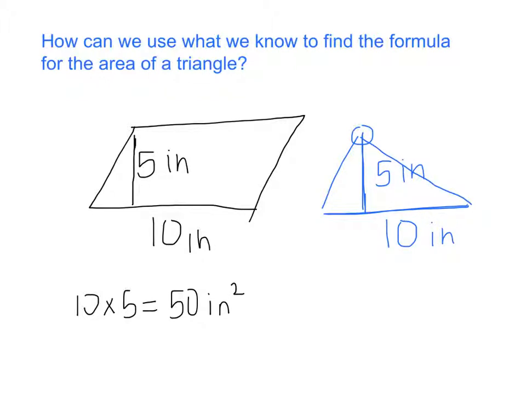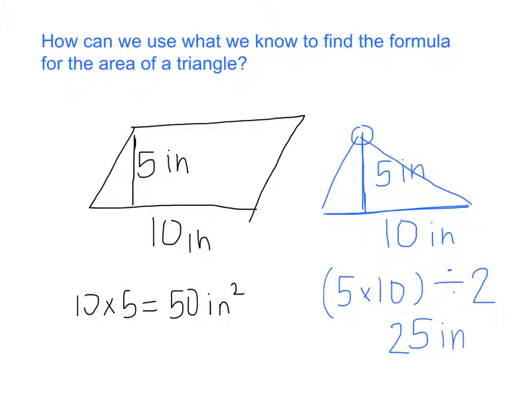You do 5 times 10, and then divide that by 2. Good. So 5 times 10, all of that, I would divide by 2, because we know that the area of a triangle is half the size of the area of the parallelogram.